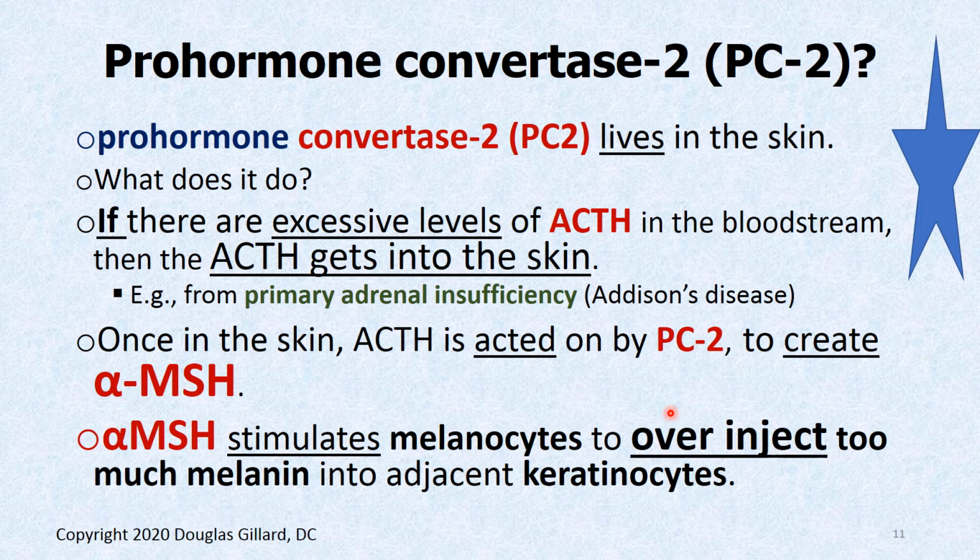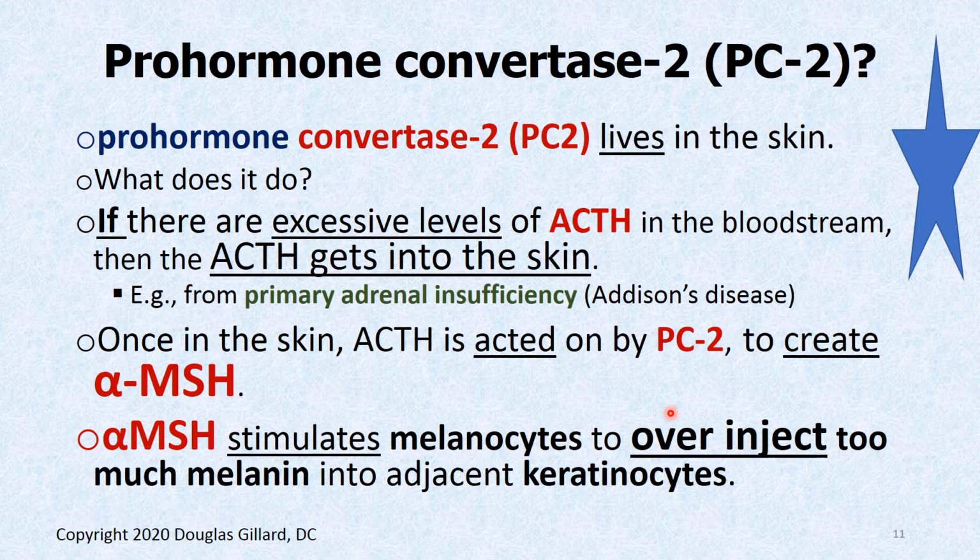There's a question right there. PC2 does not live in the adrenal gland, it doesn't live in the pituitary gland, it lives in the skin. PC1 is the one that lives near the corticotroph cells in the anterior pituitary gland.